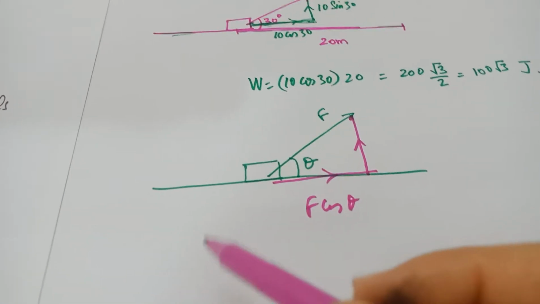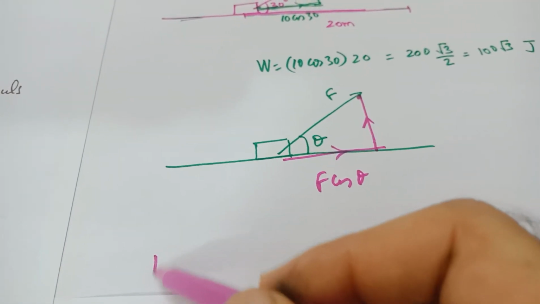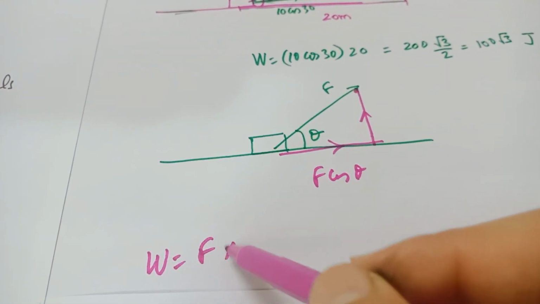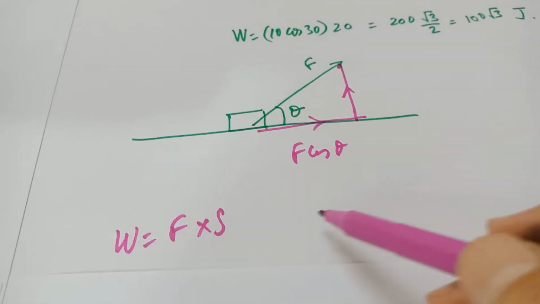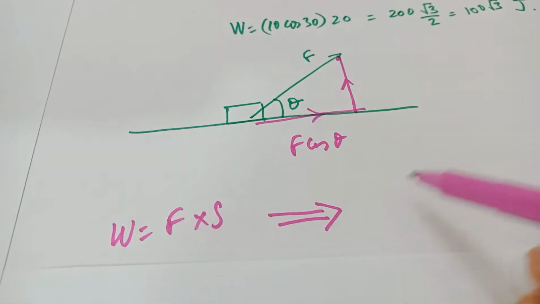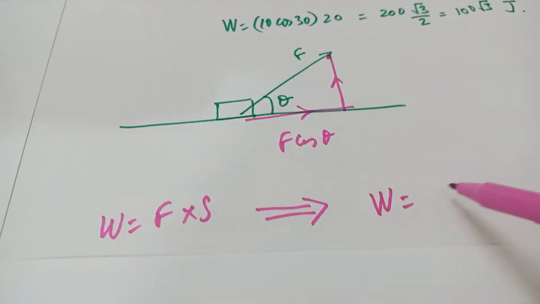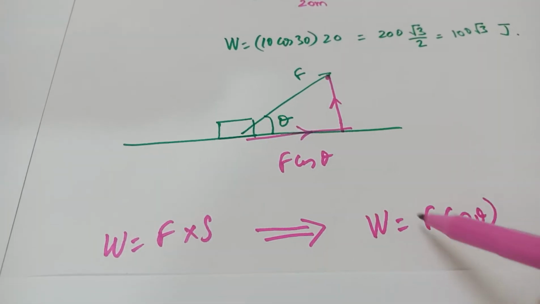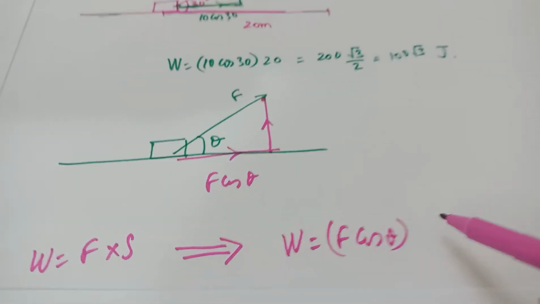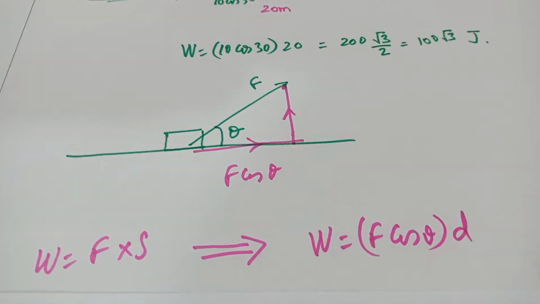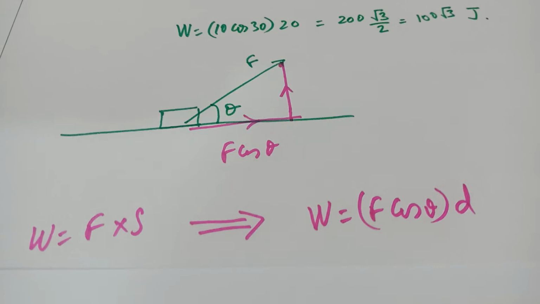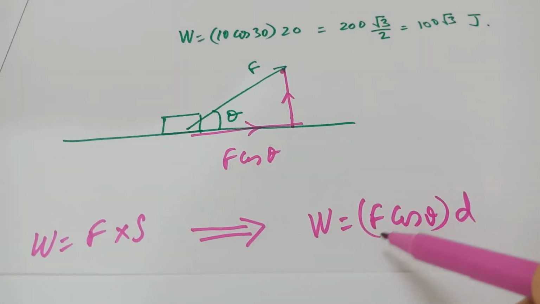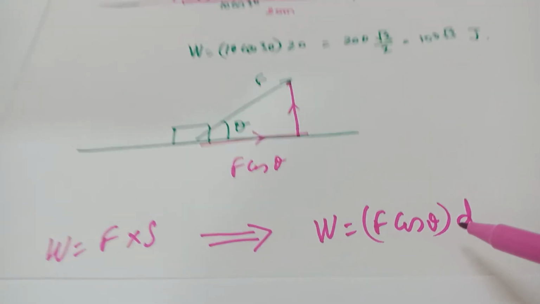So the formula that we initially had for work, work is equal to F into S, is now going to evolve into work is equal to F cos theta times the S or the D. You can use D or S. This is for the cases when you have inclined forces.